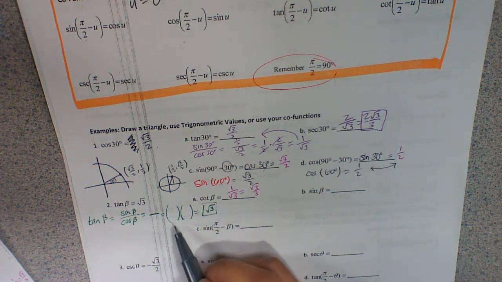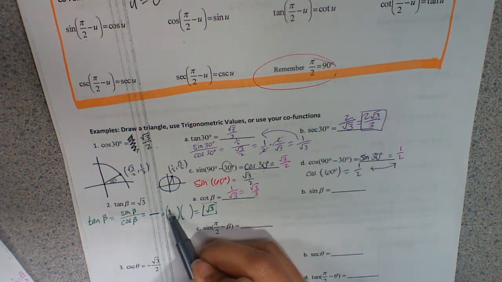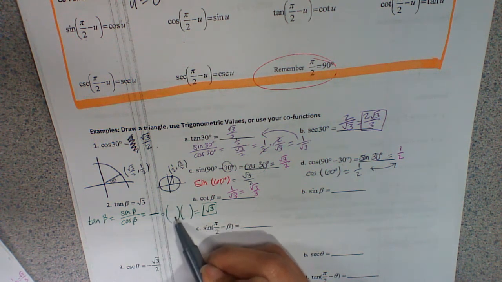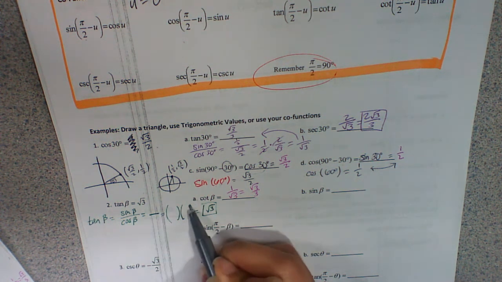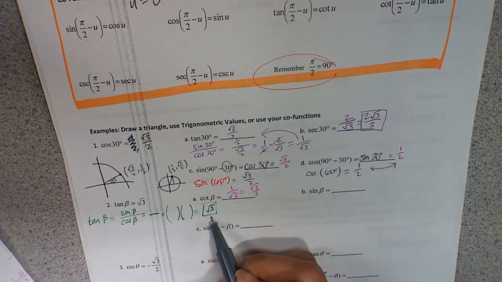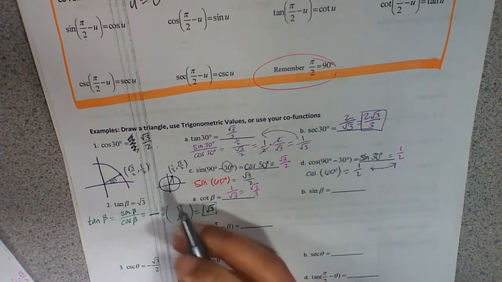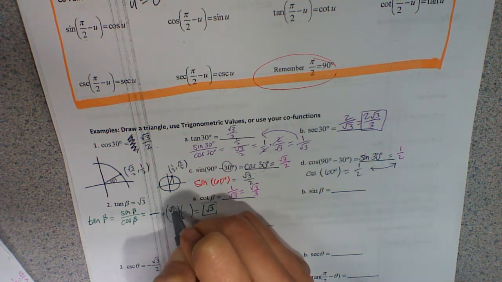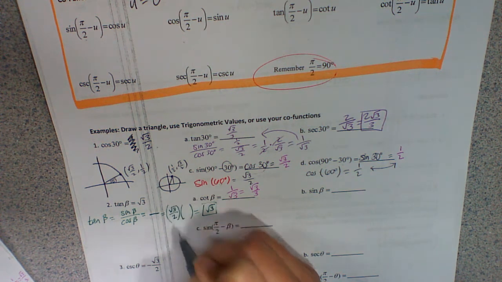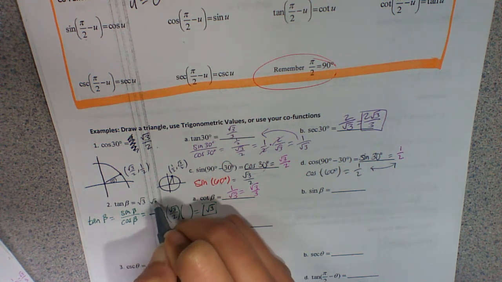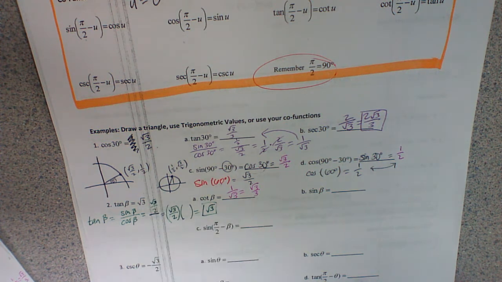Now, how are you going to have to multiply? Is it going to be the numerator, which you keep the same, or the denominator, which you have to take the reciprocal of? Take a look at where it is. The fraction with the square root of 3, square root of 3 over 2, is actually going to be at the top, and you kind of have to think backwards on this one.